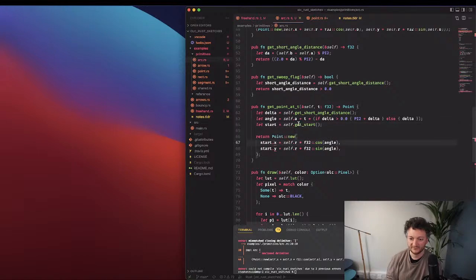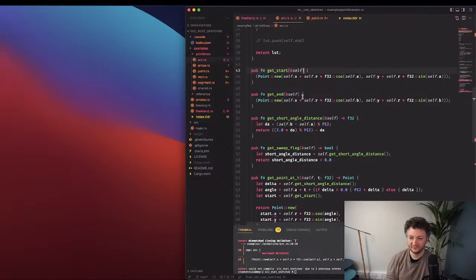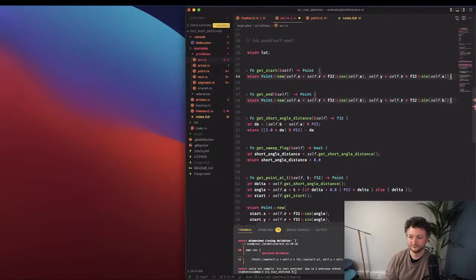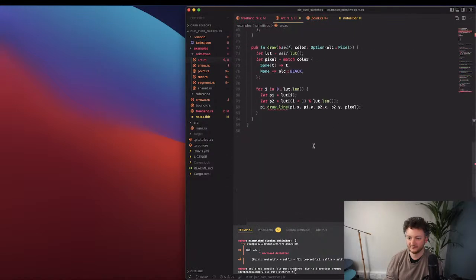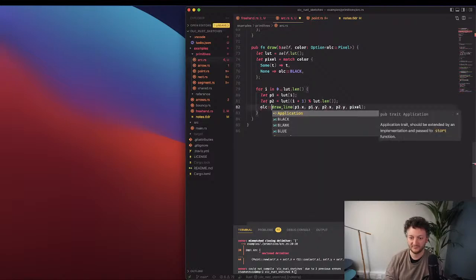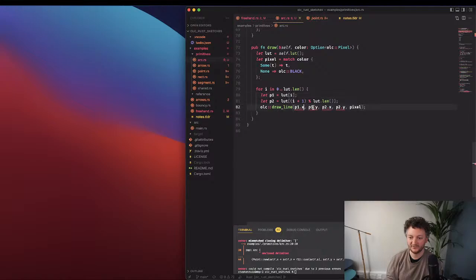Start. Get start gives back a point. And then this is olc draw line. Then we need to cast these as integer 32s.